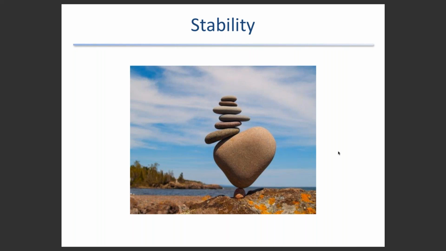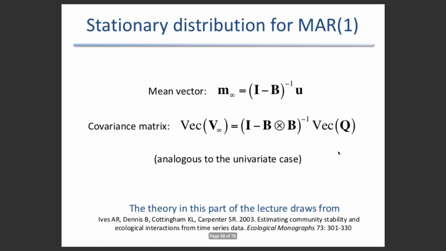Okay, so I mentioned that the B matrix also tells you something about the stability of the system. So let's talk a bit about stability in these multi-species systems. When we talk about stability, we have to talk about, again, that stationary distribution, because when we talk about perturbations, we're going to perturb away from the stationary distribution.